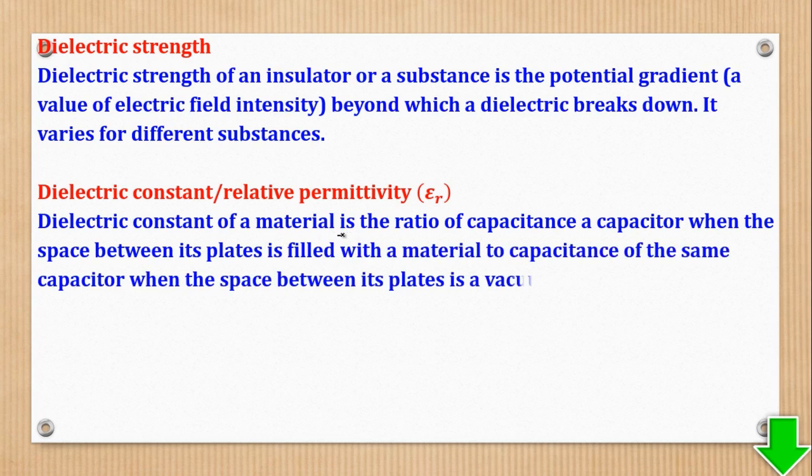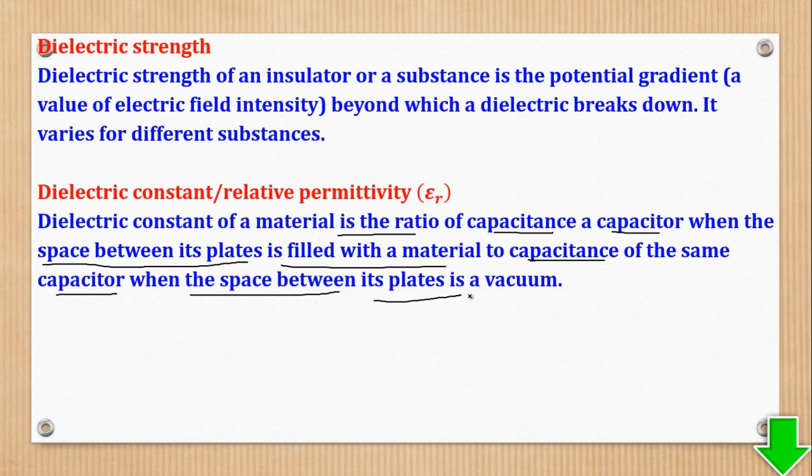You can answer that this is the ratio of the capacitance of a capacitor when the space between its plates is filled with a material, to the capacitance of the same capacitor when the space between them is filled with a vacuum. So you get a capacitor, then you put a material between the plates.